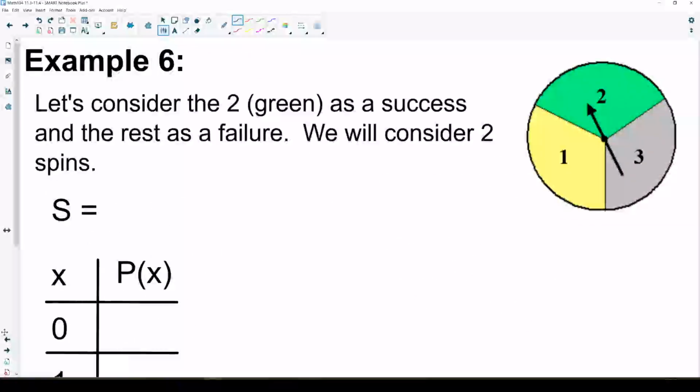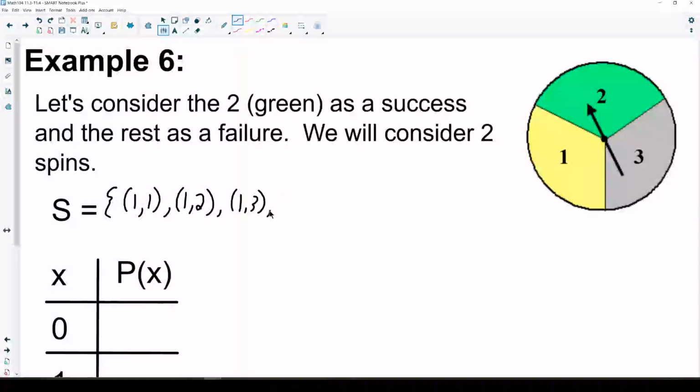All right. So let's take a look at an example of something that we could put into a set of Bernoulli trials. We'll consider this spinner, numbered 1 through 3. We're going to call the number 2, the green part, a success, and the 1 and the 3 a failure. All right. Let's take a look at the full set of possibilities. Well, I could get a 1 and a 1, and I could get a 1 and a 2, and I could get a 1 and a 3.